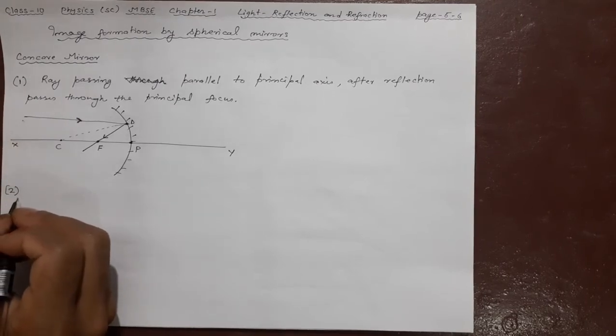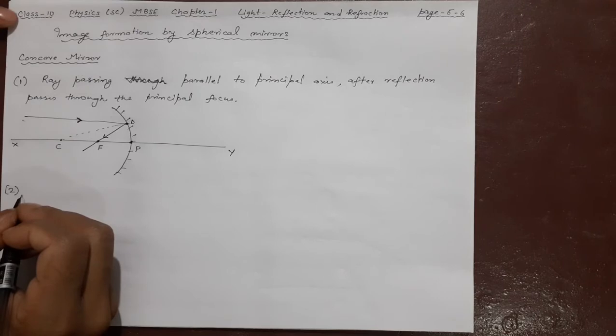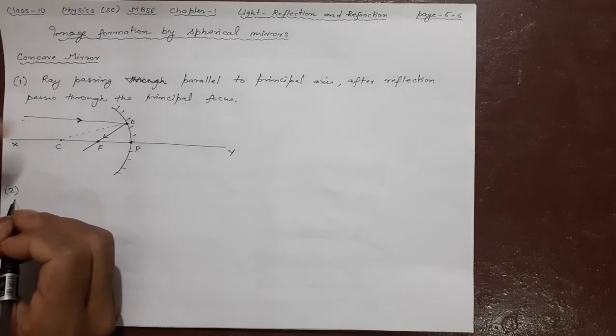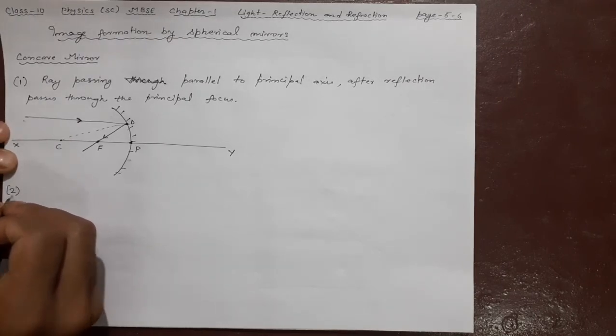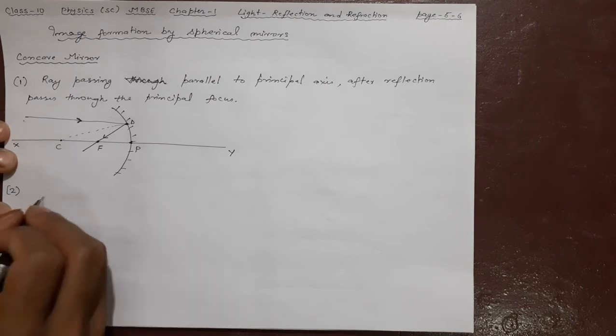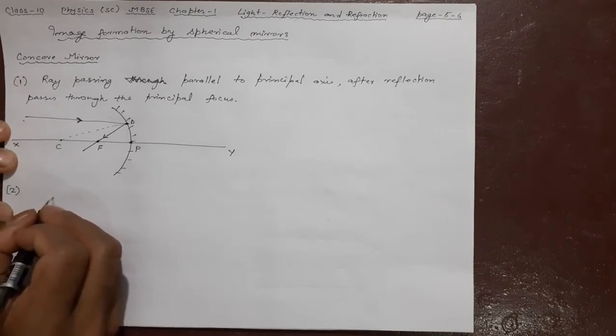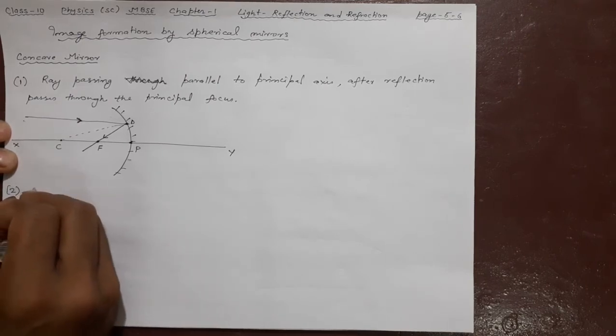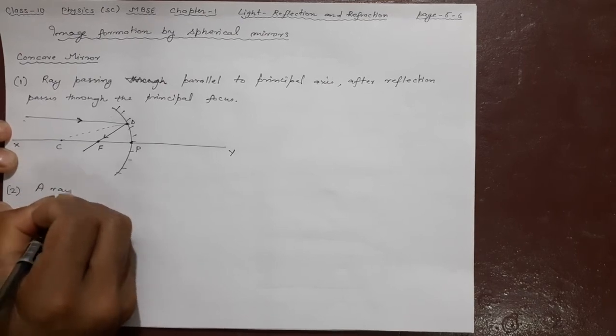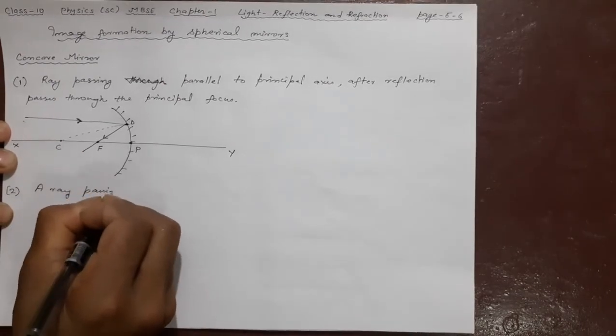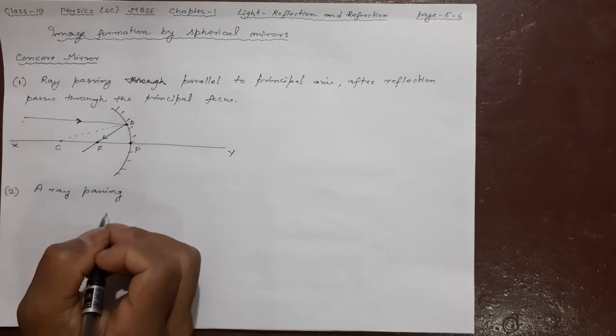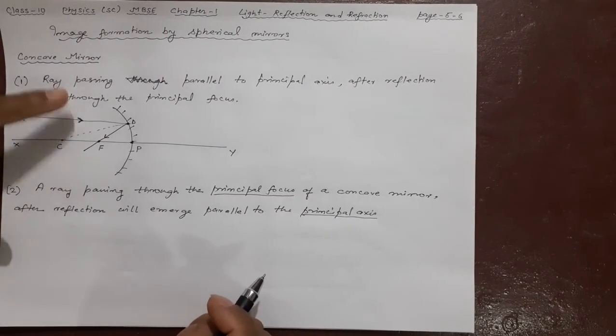The second rule says that when light comes from the principal focus, then after reflecting, it will become parallel to the principal axis. So here you will write: a ray passing through the focus. This rule is the opposite of the previous one.